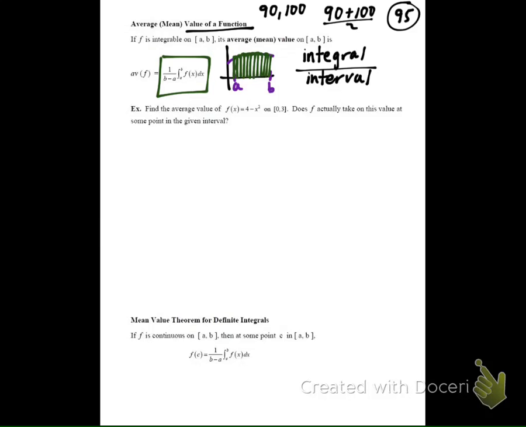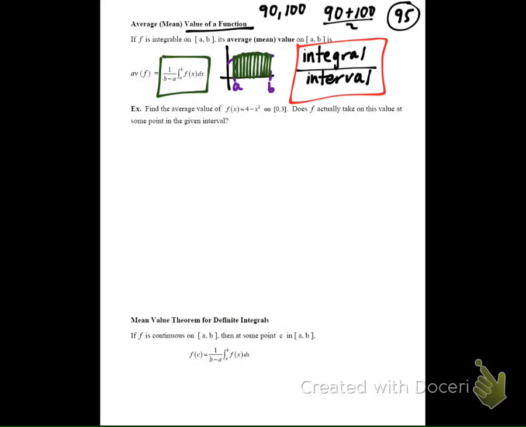It's similar to adding up all the numbers and dividing by how many numbers there are. We add up all the areas, so we get the entire area, and divide by the length of the interval. So we have integral over interval. If you can remember that, it makes this process very simple.